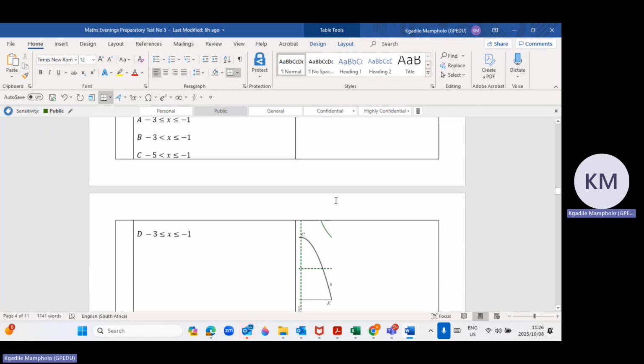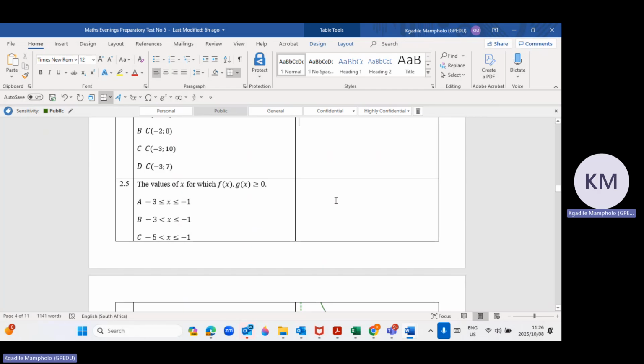Now, 2.5, find the values of x for which f of x times g of x is greater or equals to 0. Remember, anything that is greater than 0 is positive. Then you can get positive when you multiply positive by positive. So, in other words, you want the value of x on the graph where you will get a positive answer or 0 when you multiply y of f and then y of g.